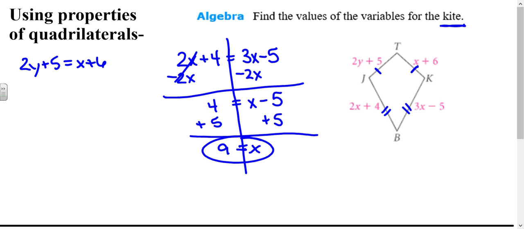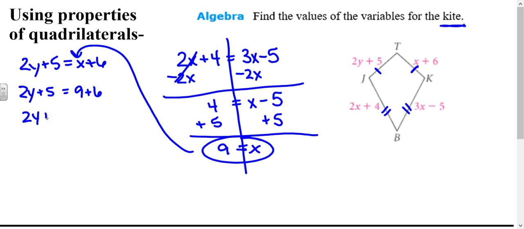So that's one answer. Now that I know that x equals 9, how can I use that in this equation over here to help me find the value of y? Well, if I put a 9 in for x up here, then I have 2y plus 5 equals 9 plus 6.